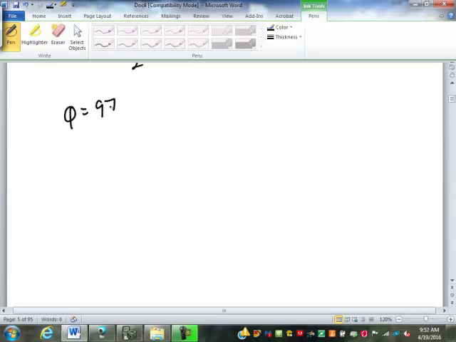Phi is 97.8 degrees. Theta is 34.2 degrees. And the area, same process, will give you 0.005 acres. Any questions on that one?